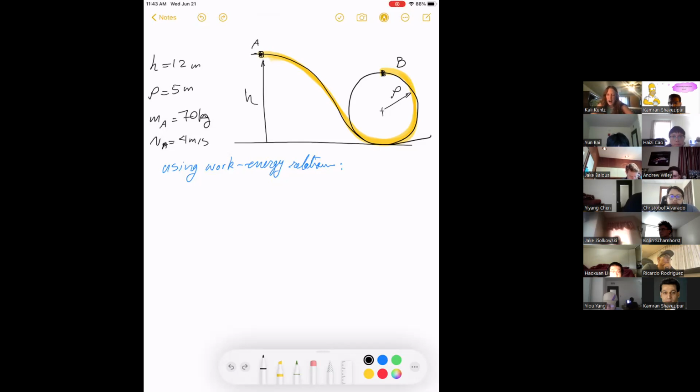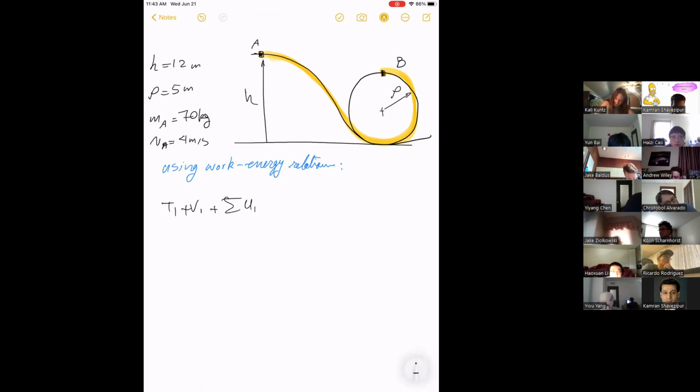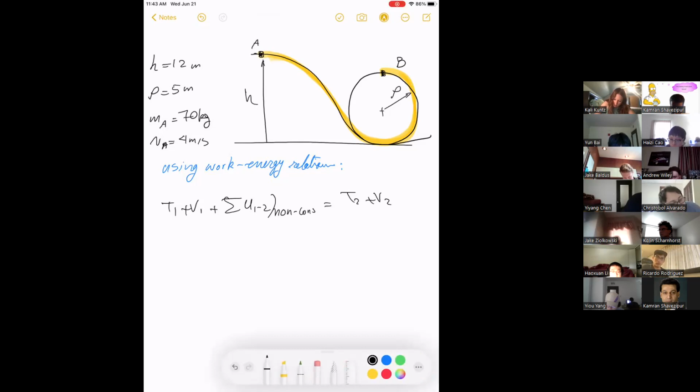If there's no friction, if there's no pushing or pulling, the only thing we have is gravity. So all the forces are conservative. So if you write T1 plus V1 plus summation of U1 to 2 non-conservative equals T2 plus V2, practically this is 0 and you get T1 plus V1 equals T2 plus V2.